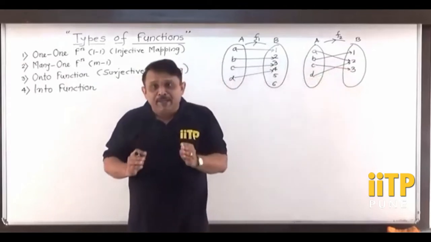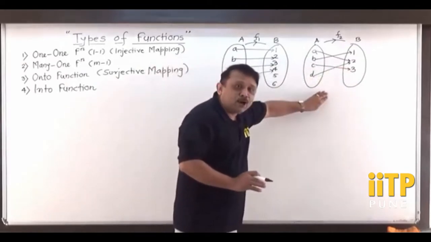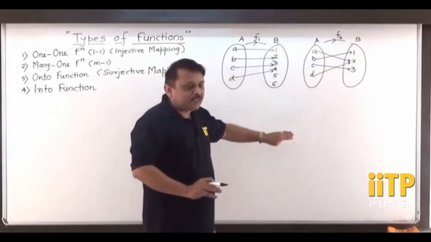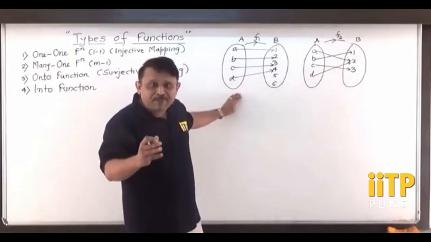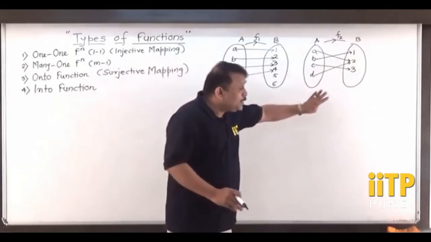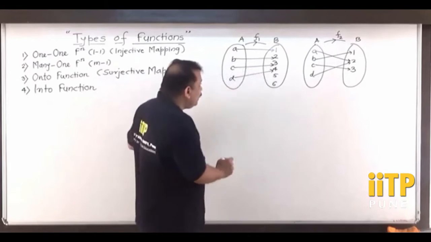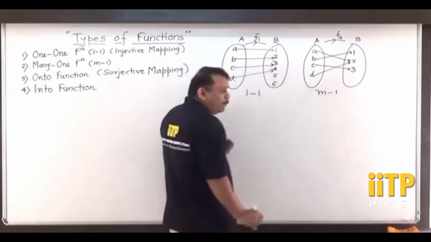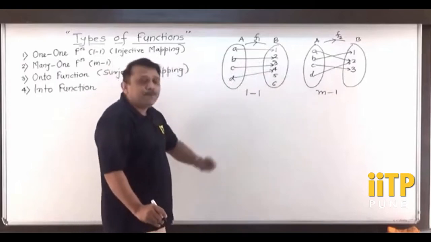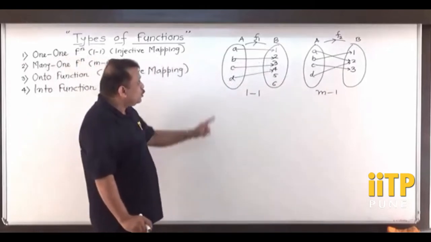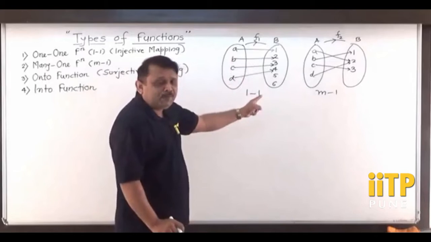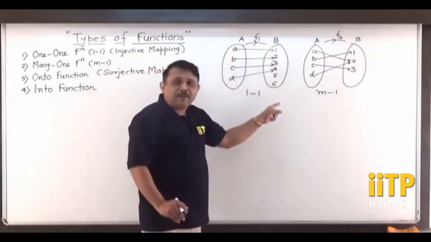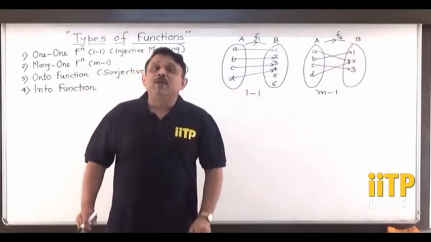The same element. Hence, this function cannot be said to be a 1-1 function. A function which is not 1-1 is what? Many-1. So this is the example of many-1 function, and this is the example of what? 1-1 function. So there is a 1-1 correspondence between the elements of A and B. So the function is what? 1-1.